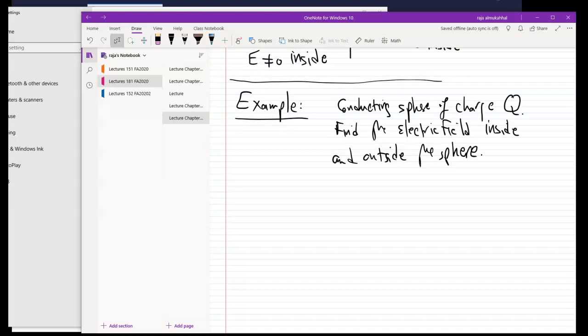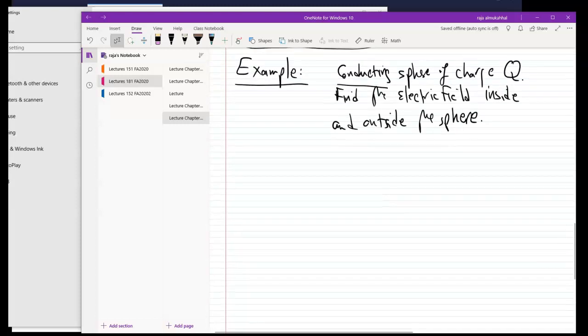Okay, so here he said, I have a conducting sphere. And the word conducting, you always pay attention to it. Of charge big Q. This is the total charge on the sphere. We want to find the electric field inside and outside the sphere. What does that mean? It means this. Here is the picture of the sphere. I'll make it a little bit bigger.